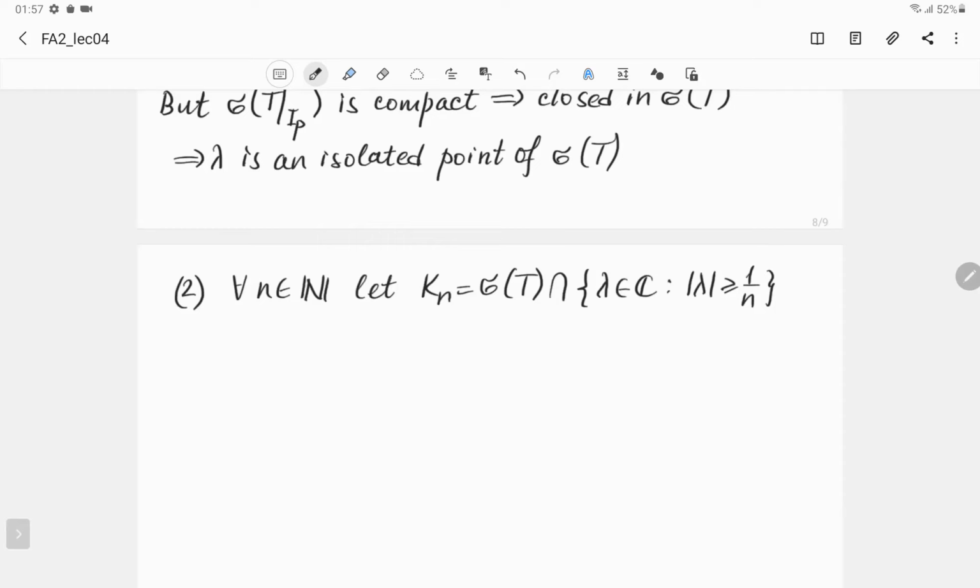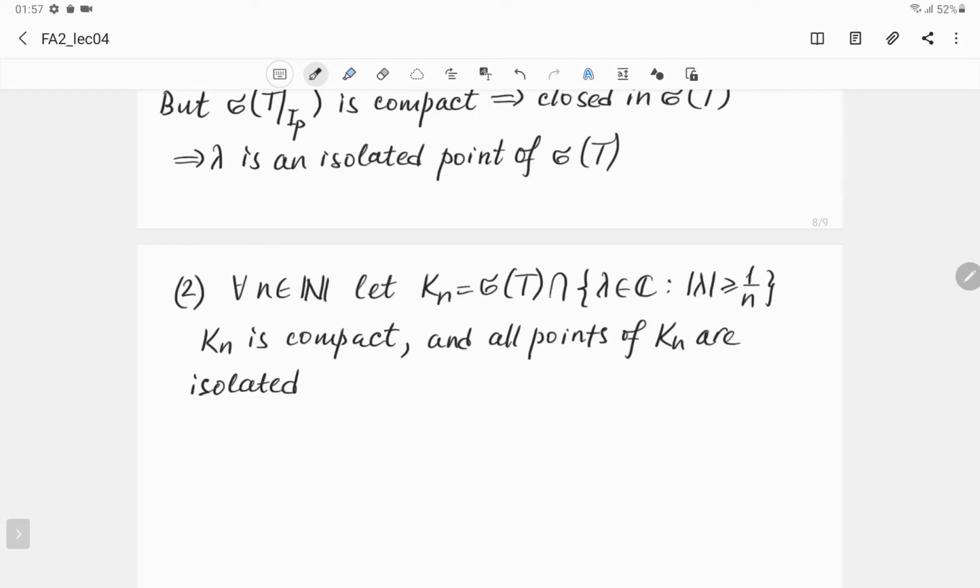So Kn is a compact set, because this is a closed subset of the spectrum. And by part one, all points of Kn are isolated. Obviously, this implies that Kn is finite.